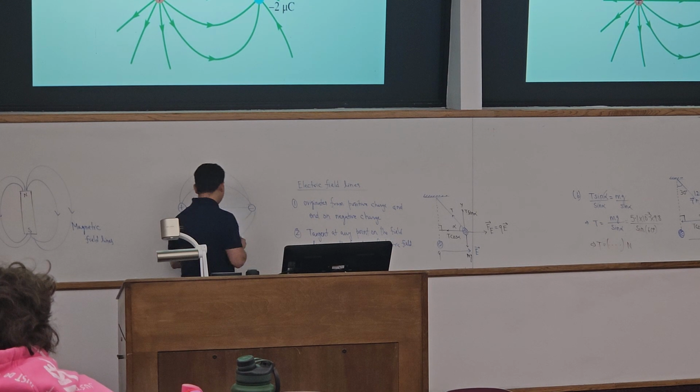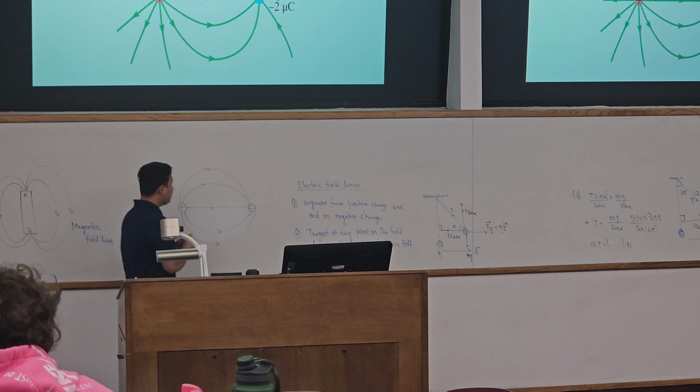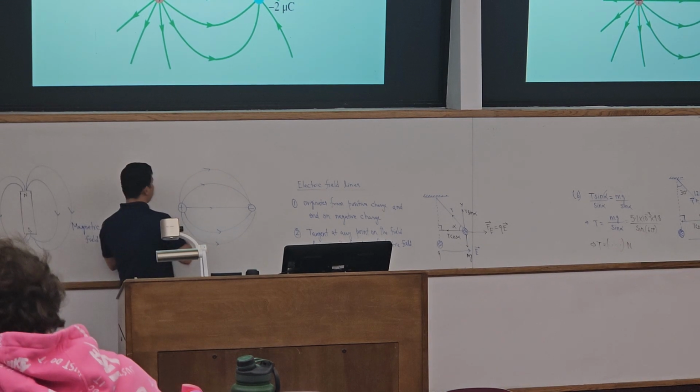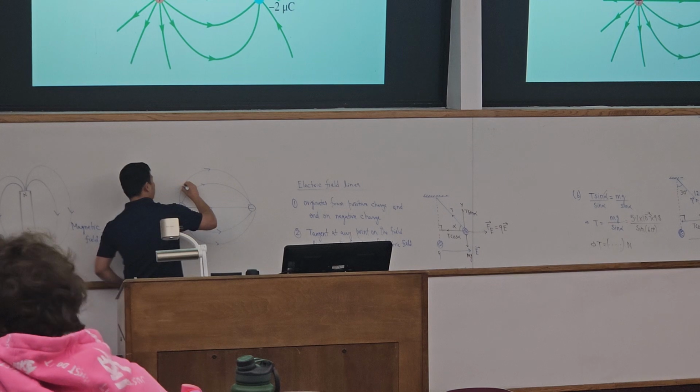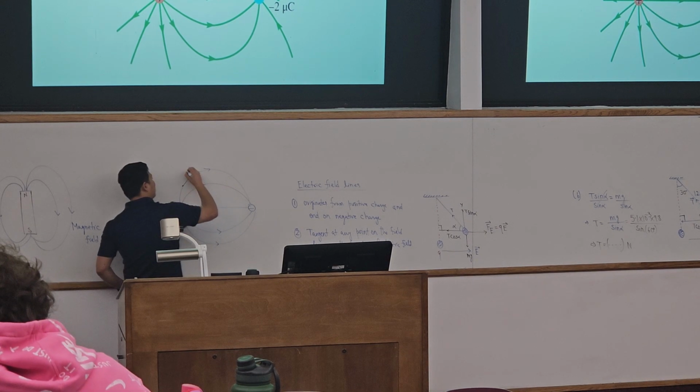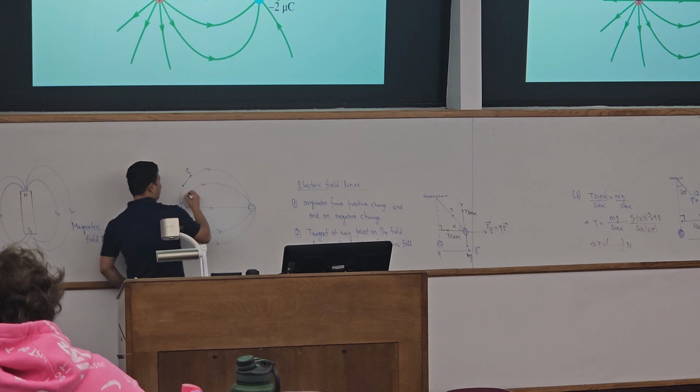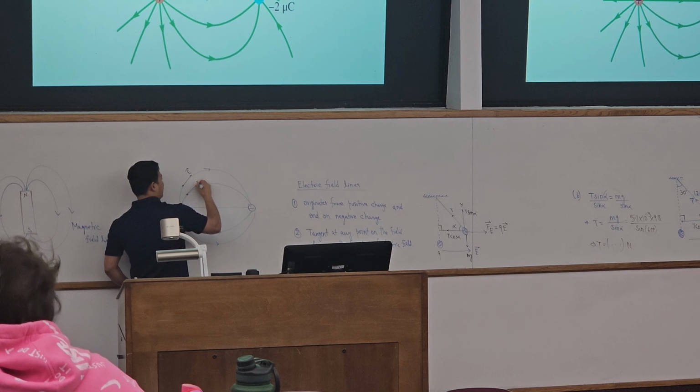Basically, if you want to find the electric field at this point, let's say, you just draw the tangent over here. This is the direction of the electric field. If you want to find the direction of the electric field over here, you just draw the tangent.